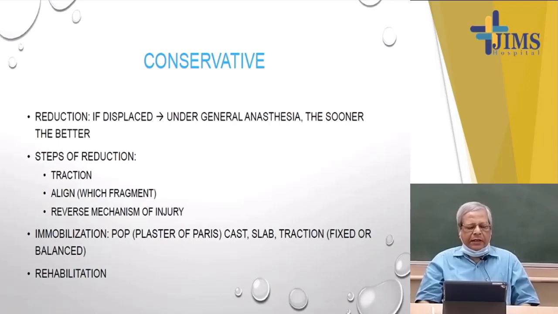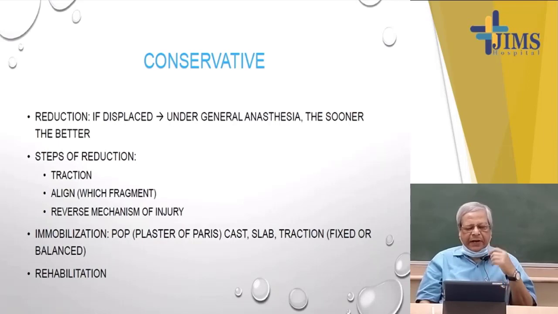Reduction means putting back into place. If displaced, under general anesthesia, the sooner the better. If it is delayed, the muscles become contracted and it's very difficult to bring them into position.